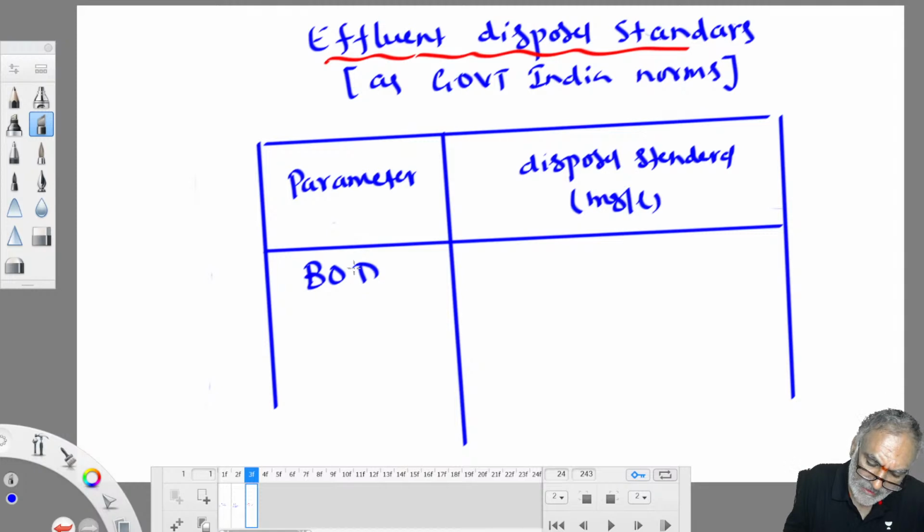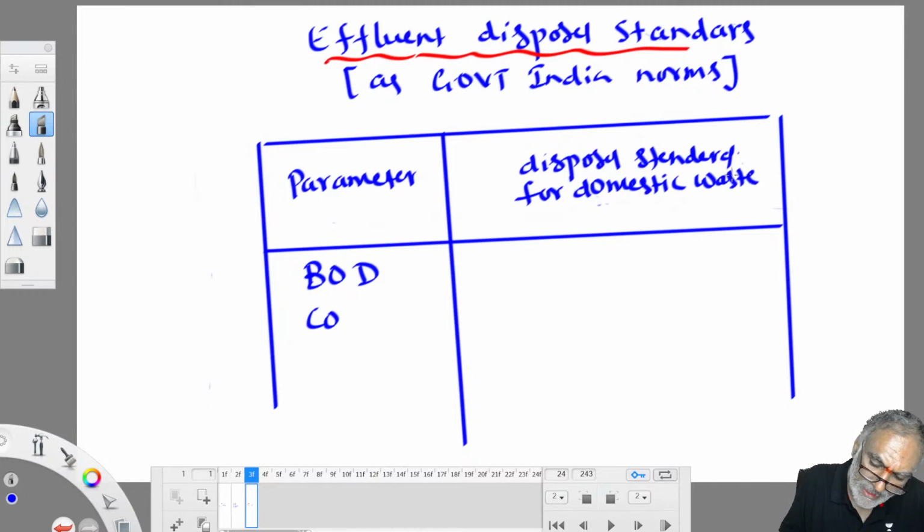This is only the domestic wastewater disposal standard. Industrial wastewater standard is different, though there is not much difference. Domestic wastewater is dangerous compared to industrial waste because it contains more biodegradable matter. Wherever biodegradable matter is there, such waste is dangerous.